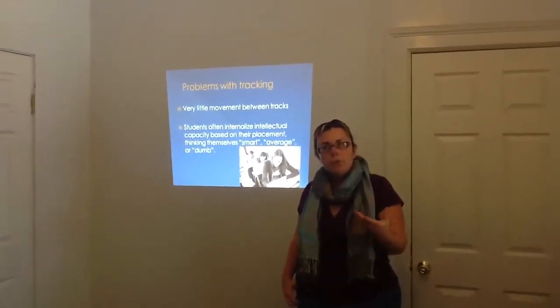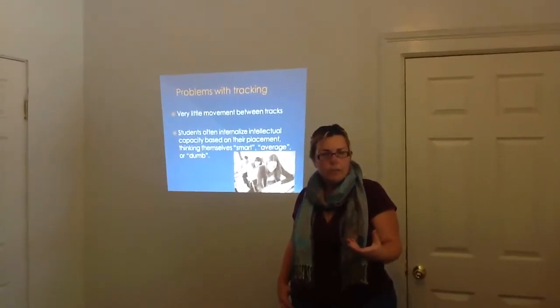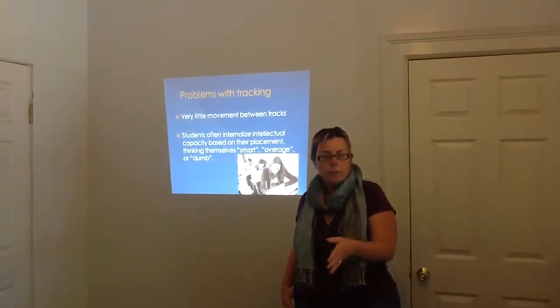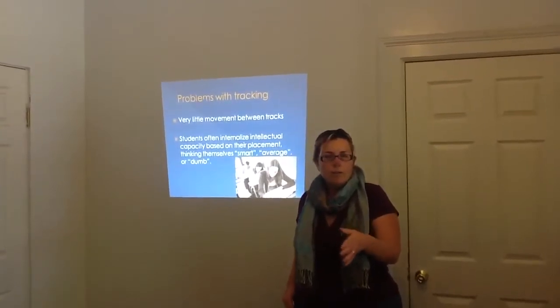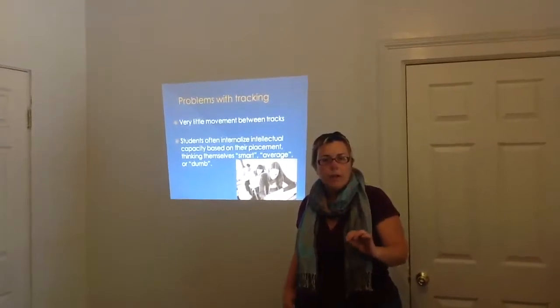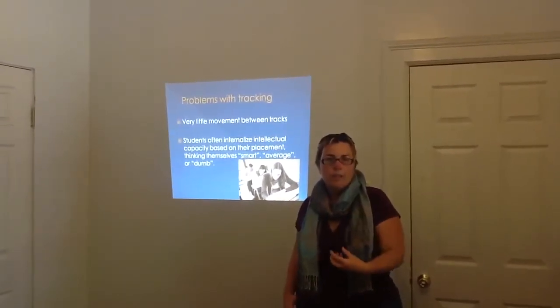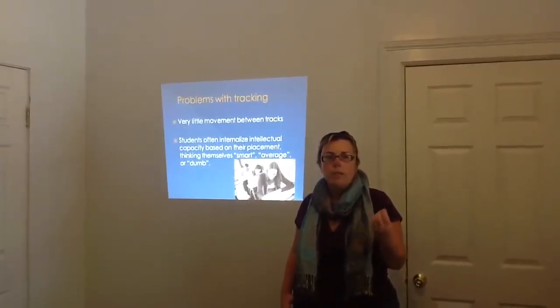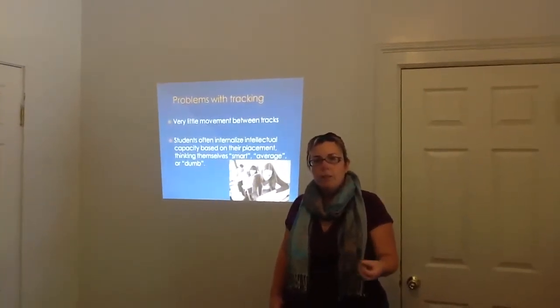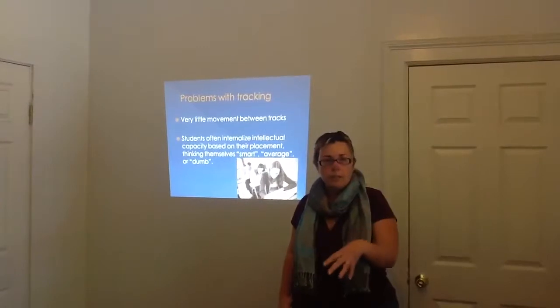Even though students have choice in which class they take in junior high and in high school, mostly in high school, they are often so aware of how they've been tracked that they internalize the tracking. So they will generally choose for themselves courses that have been sort of from the top down selected for them.